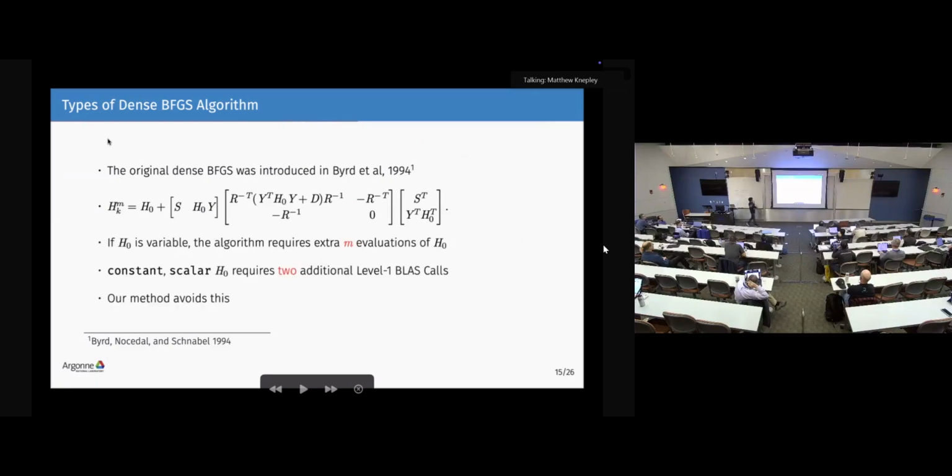So if H0 is some variable, something that changes, then for their version you have to do extra M evaluations, where M is the history size of H0. And if it's just a constant or scalar H0, then you still need to do 2 more level 1 BLAS calls. Our method avoids this. So that would be the improvement over the novel version from 1994.